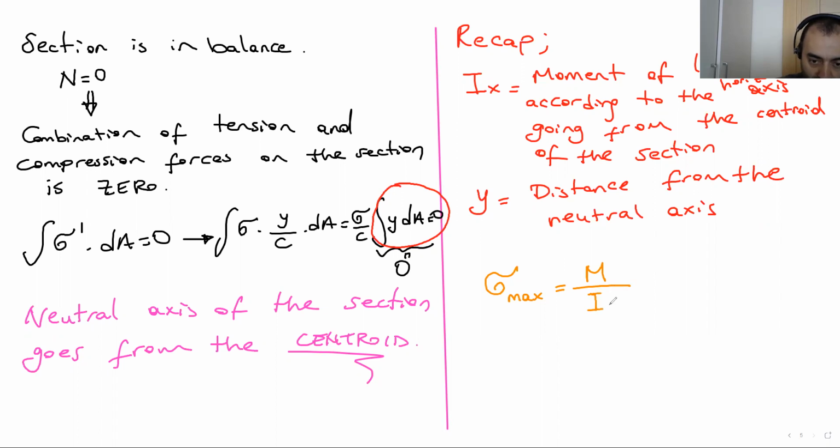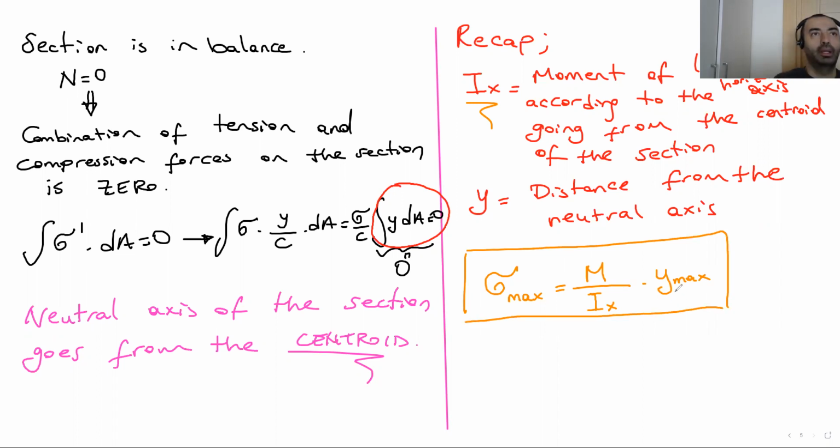Ix actually is this, as I explained, and we need to take into account the y max. Y max means the maximum distance from the neutral axis. So we are going to see the maximum stress at the maximum distance.